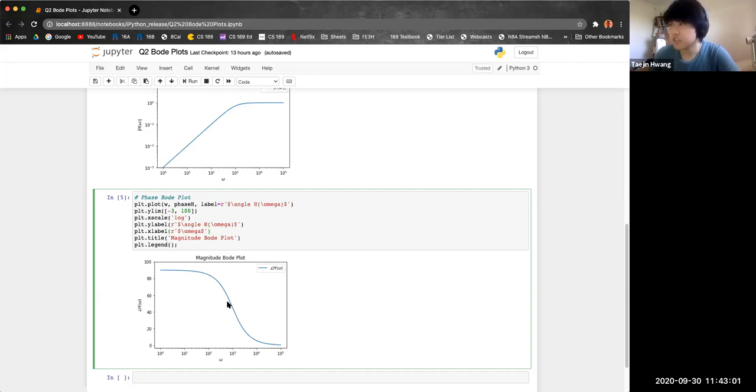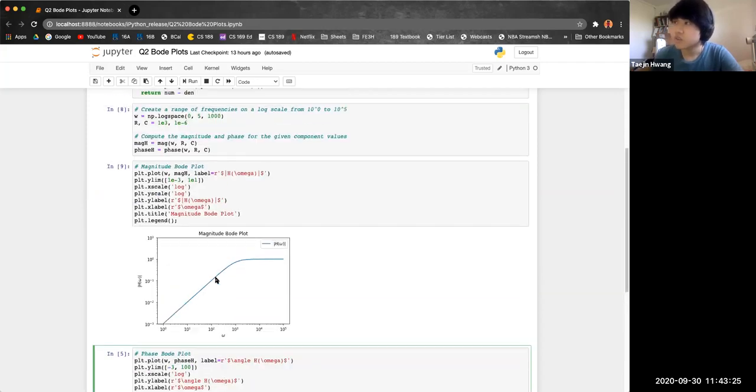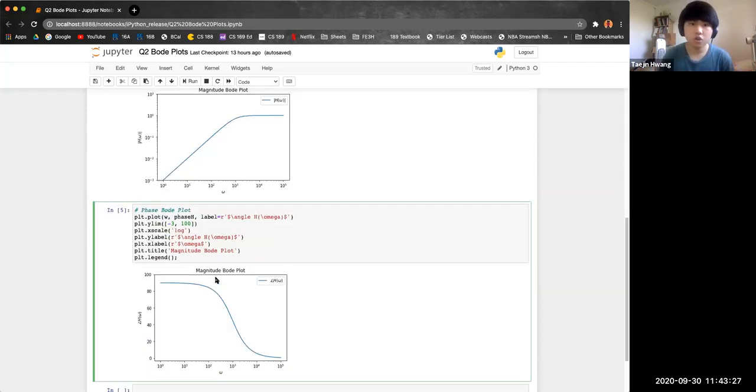This is a really important point because this is where the plot begins to change: for frequencies smaller than 10 to the third, the phase is really large, whereas for frequencies much greater than 10 to the third, the phase is really small, close to 0. It's a high level intuition we want you to get out of these plots. So any questions as a whole about the plots here?